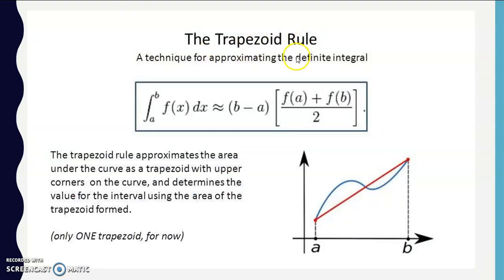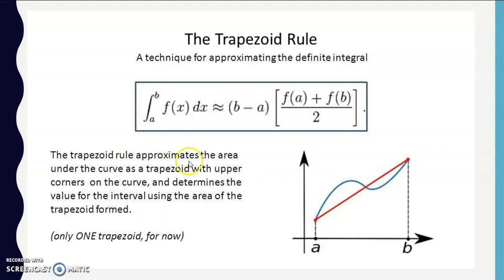We can summarize the trapezoidal rule as integral a to b f of x dx, which is approximately equal to (b minus a) into (f of a plus f of b) upon 2. That means the trapezoidal rule is a technique of approximating the definite integral.